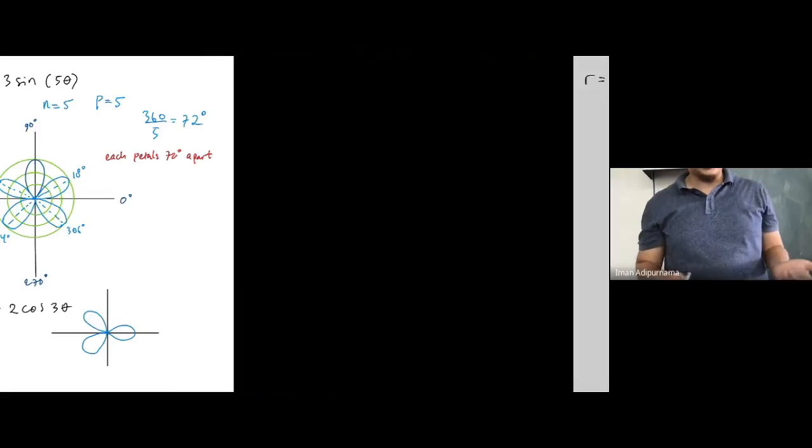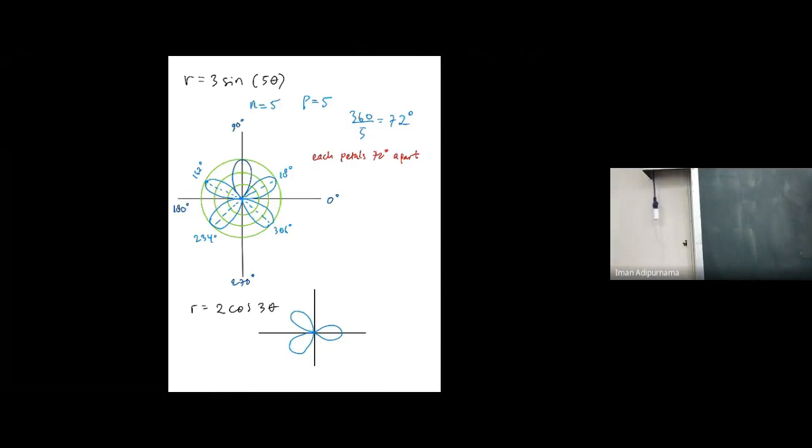To make sense of cos and sine, let's see here. If this is our sine, if we have the same sine 5 theta, we just need to flip to the right side. Can you see that?